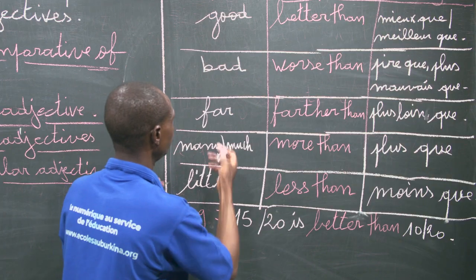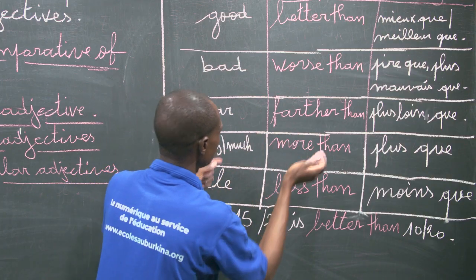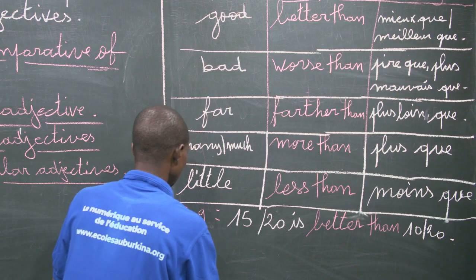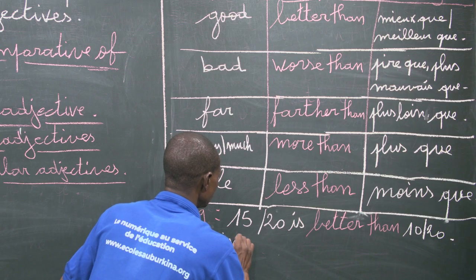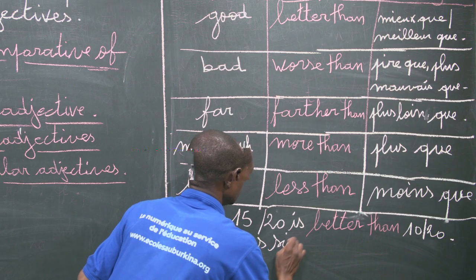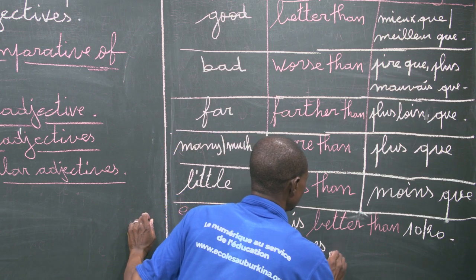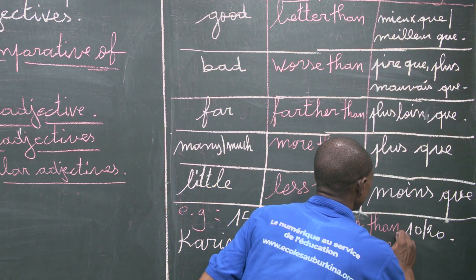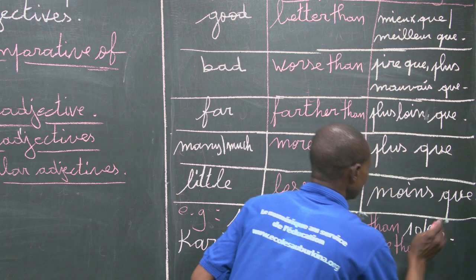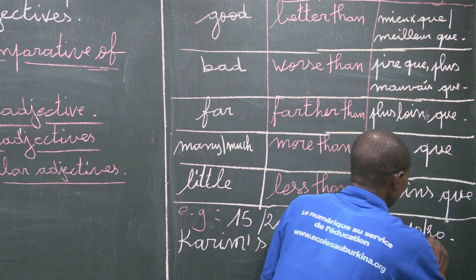Another example with bad, comparative worse than: you can say Karim's sickness is worse than yours.